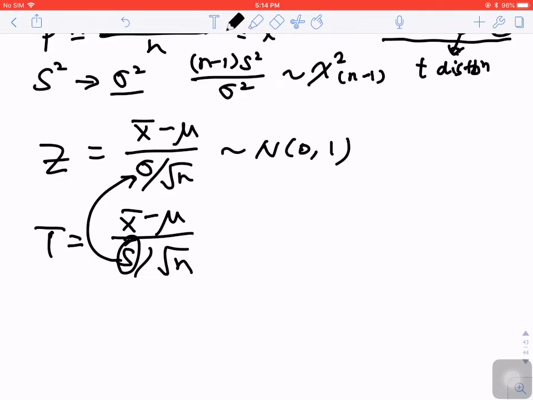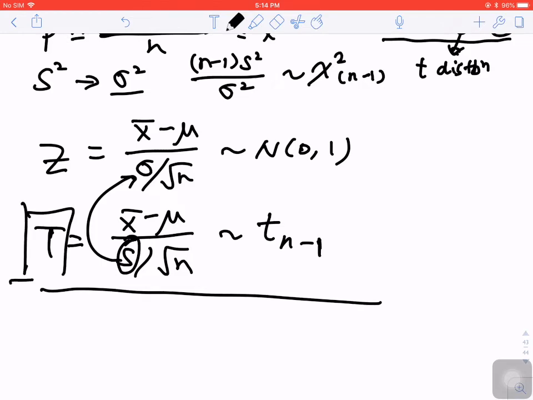So this one follows a t distribution with degrees of freedom n minus 1. Okay? And that's only a brief introduction of this distribution. In chapter 9 and 10, we're going to use this distribution many, many times. So that's all for chapter 8.